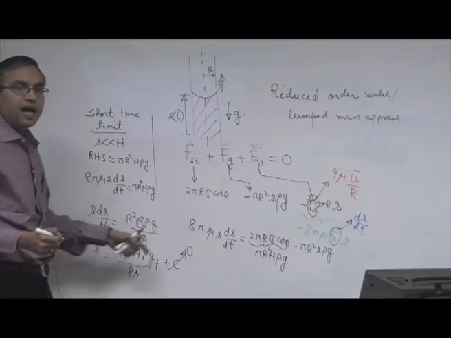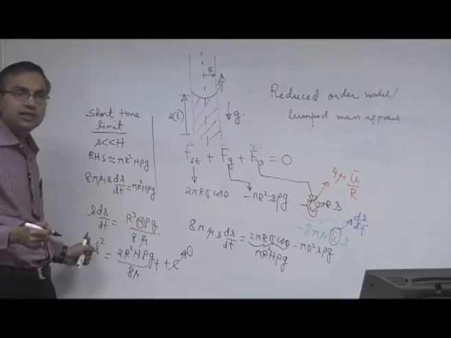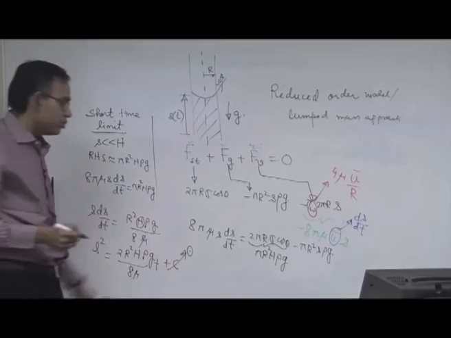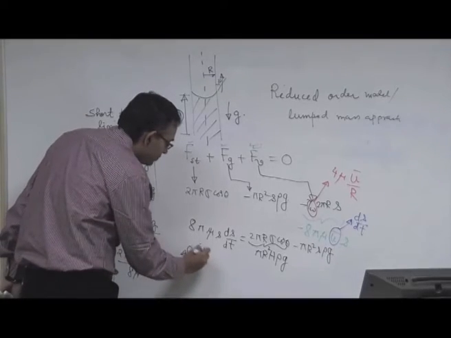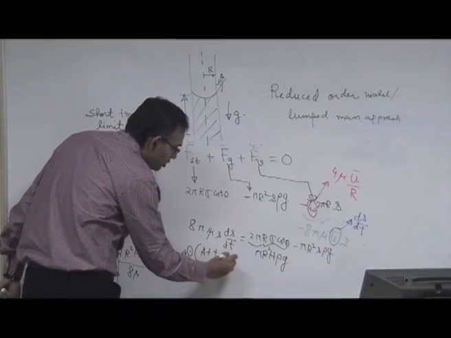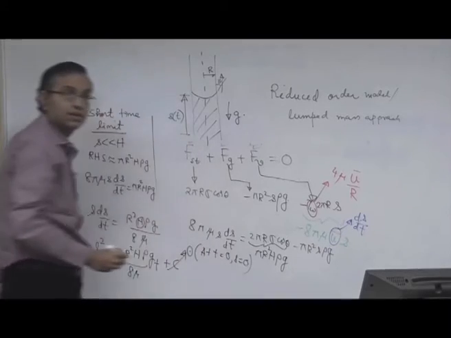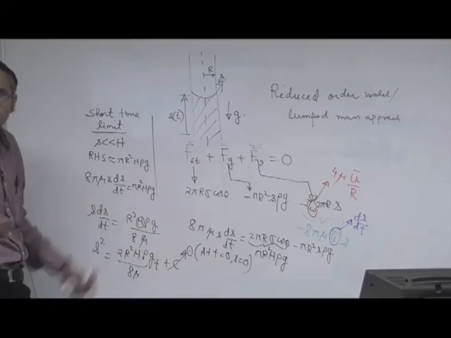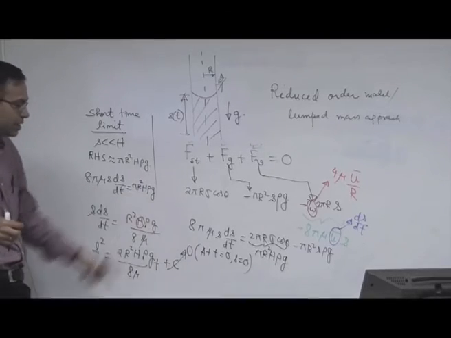Otherwise, if at t equal to 0, s equal to s0, then this will involve s0. This is with an understanding that at t equal to 0, s is equal to 0, which may not be the case always. You may have an initial length up to which the capillary has already been filled. So, this is just a special case.